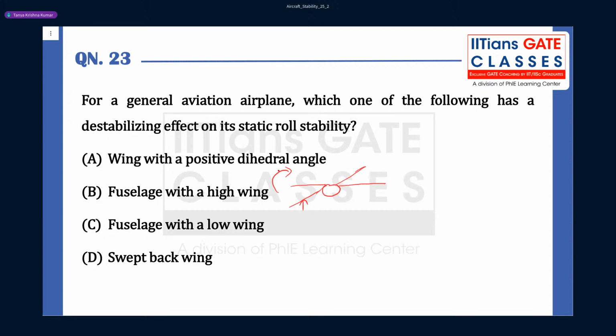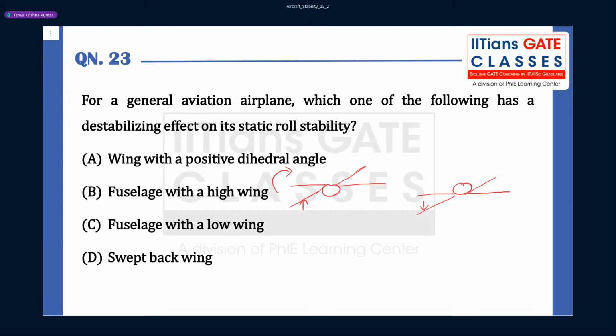Now let's look at what happens for a low wing configuration. Same thing, a low wing configuration subjected to the same disturbance. It looks like this. Now the same component of oncoming velocity for a low wing configuration, you can even think about this intuitively, acts in this manner.